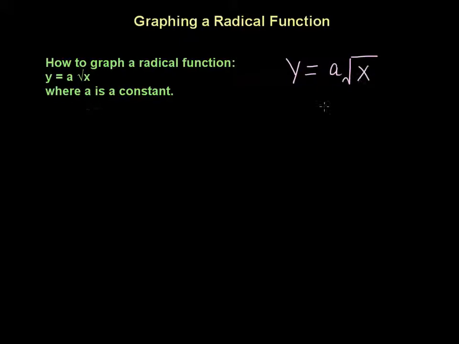This is a simple function which can be graphed, where a is a constant, x is a variable, and y is also a variable. Let's choose a value of a first, just to make it a very simple equation. Let's write it as only the square root of x, where a is simply 1. So if you choose a as 1, you have y is equal to the square root of x. Let's plot this function and understand how it works.